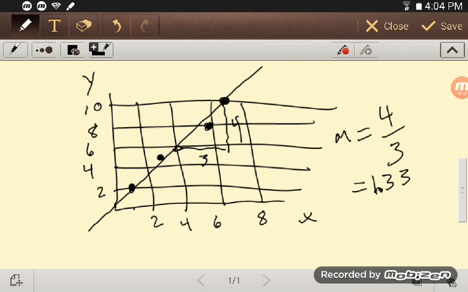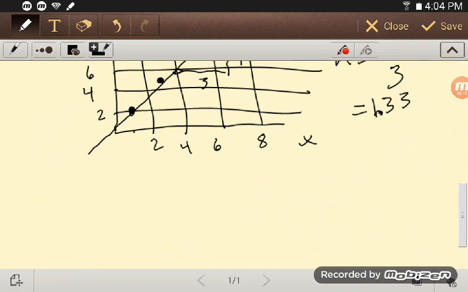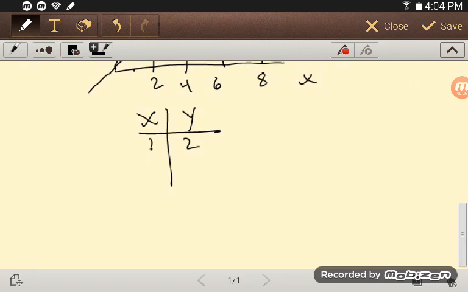And that's a nice thing to know, because if I read a rate of change like 4/3, it says, hey, every time x increases by 3, y increases by 4. And so again, kind of with the tabular idea, if I start out with x and y, and say x was 1 and y was 2, well, then that slope, 4/3, says every time x increases by 3, so I put that up to 4, y increases by 4, so that's a 6.